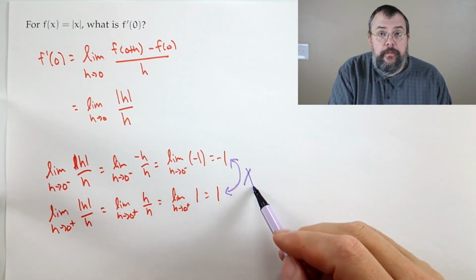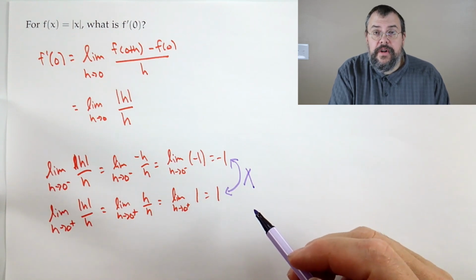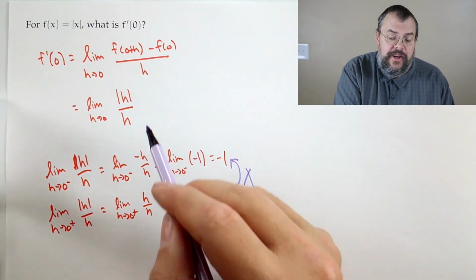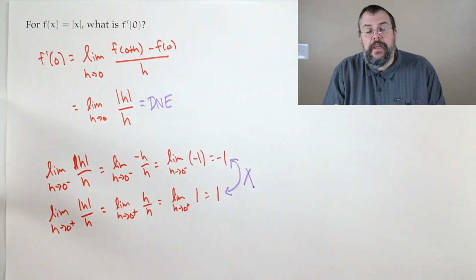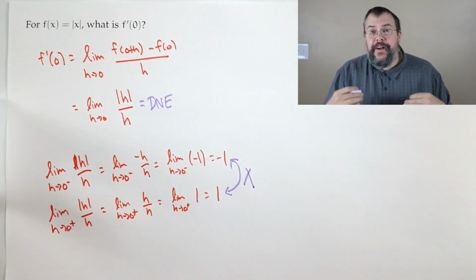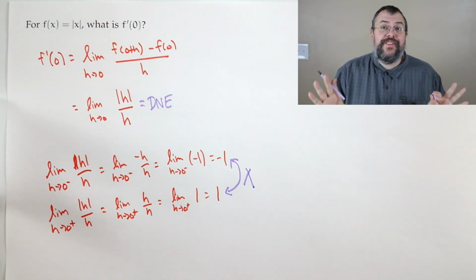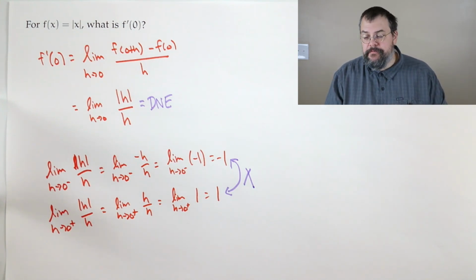These don't match. Well, what does that tell us about our limit? It tells us our limit does not exist. We can't find it. Now, let's pause and think about what this is telling us about the absolute value function.